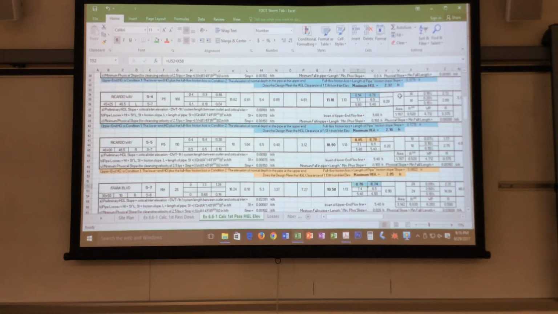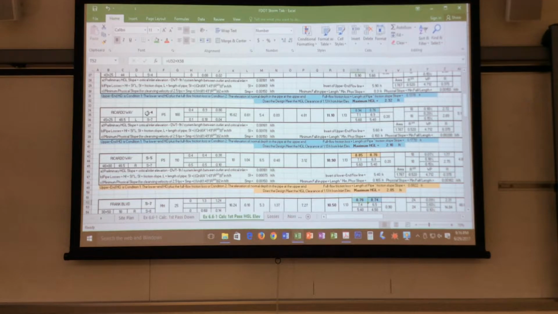So I'll show you really quick. So from 4 to 7, since 4 and 7 shares, we know what 7 is. Its downstream end is 0.85.